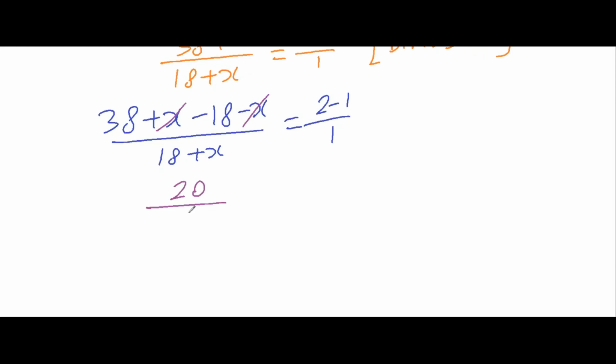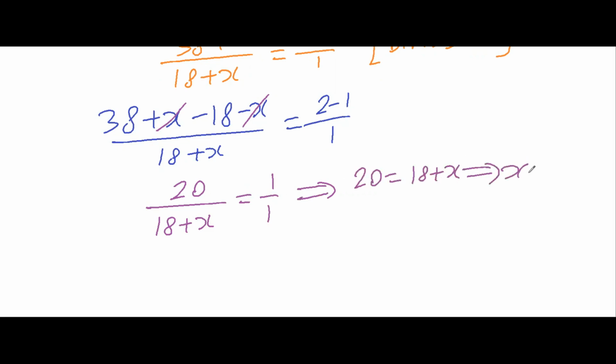Here I will get 20 divided by 18 plus x is equal to 1 divided by 1. Now I can simply cross multiply. I will get 20 is equal to 18 plus x. If I solve this, I will get the value of x as 20 minus 18, which is 2. So 2 is the answer for example number 4. Understood this?